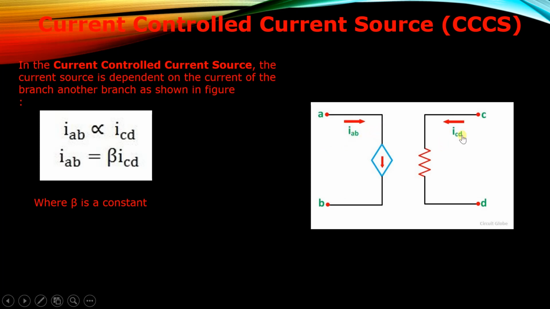IAB is directly proportional to ICD. IAB equals beta ICD, where beta is a constant and it is unitless.